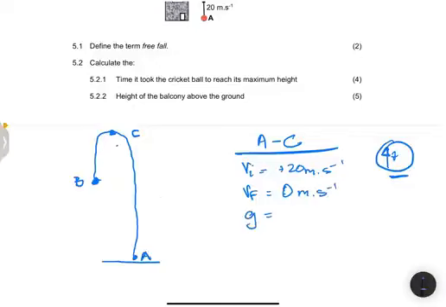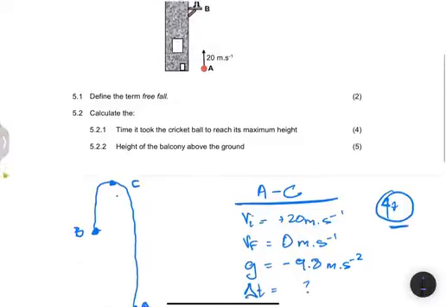And of course, gravitational acceleration will be negative 9.8. Why is it negative? Remember that gravity always pulls downwards. Because I've taken up as positive, down will be negative. So the time that it takes is unknown to us.